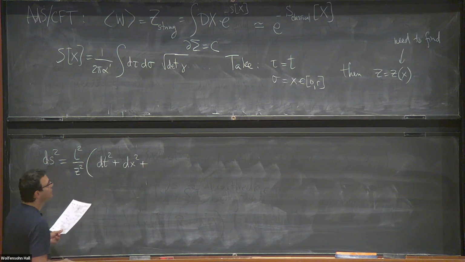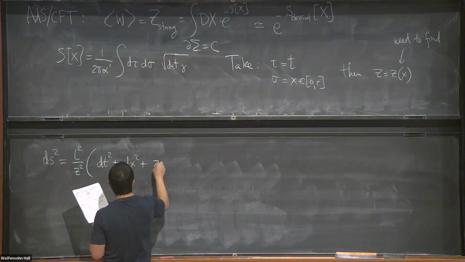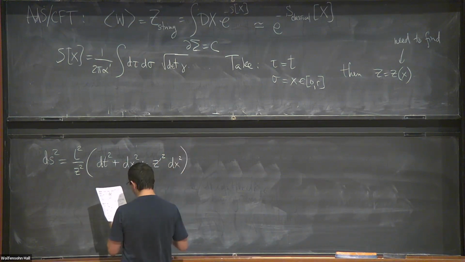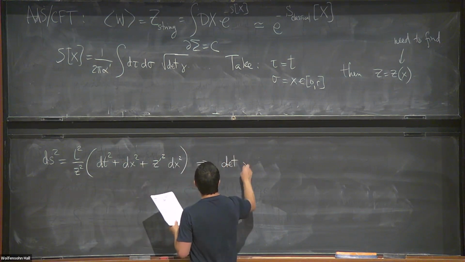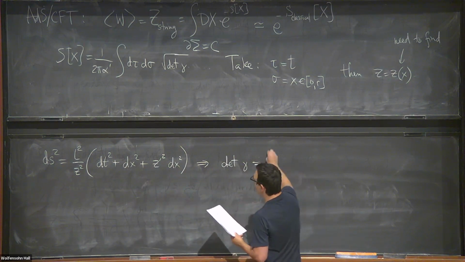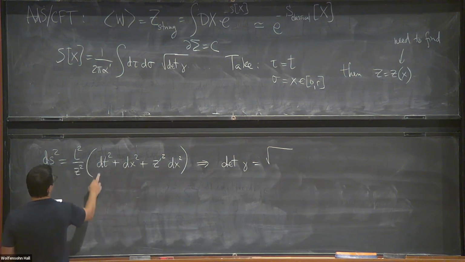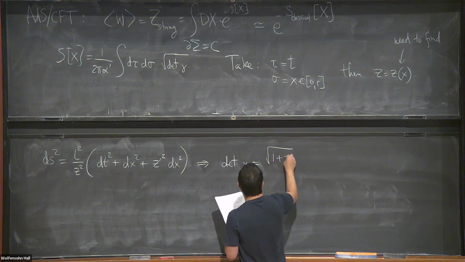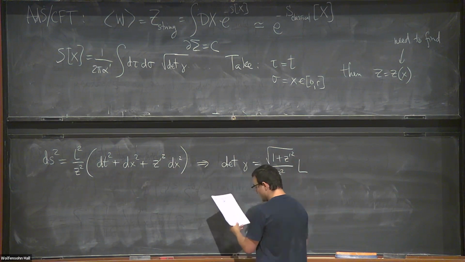And instead of dz squared, because z is a function of x, this would be z prime squared, where prime is a derivative with respect to x, times dx squared. So the square root of the determinant of the induced metric is the square root of whatever multiplies dx squared, times the square root of whatever multiplies dt squared. So it would be the square root of 1 plus z prime squared over z squared times L squared.